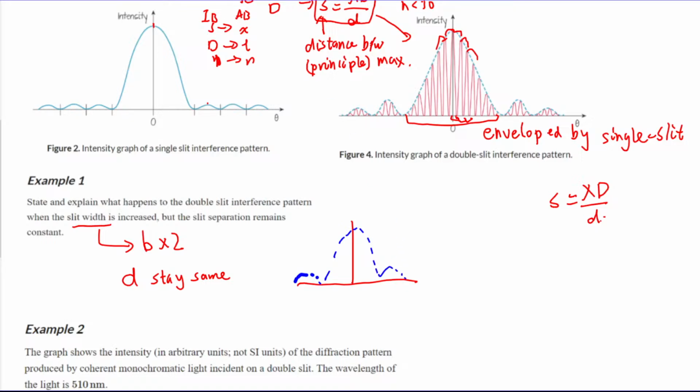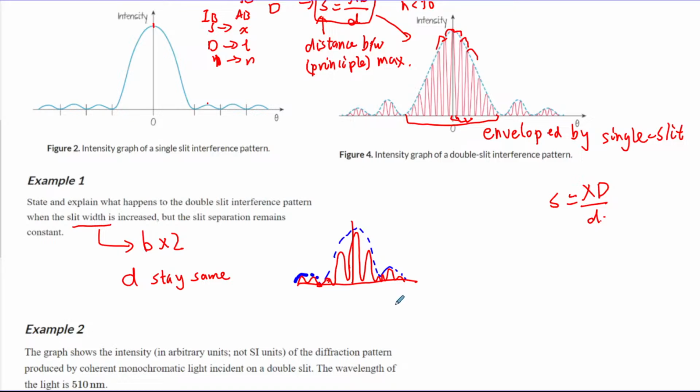And now your double slit one is enveloped inside, right? You'll notice here you actually have a bump and a flat and a bump, so you actually have a flat area here. Something like that, right?